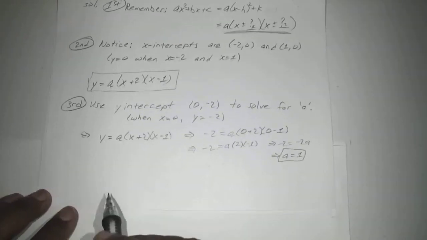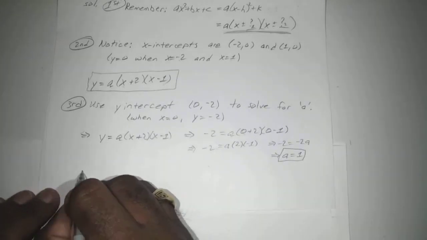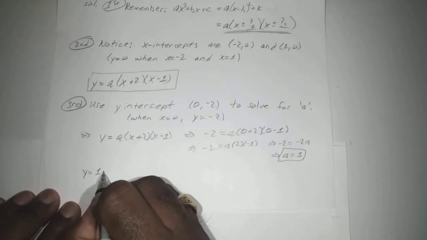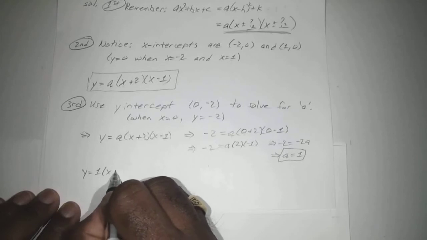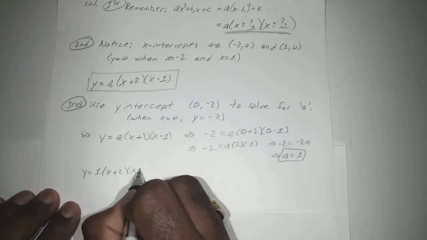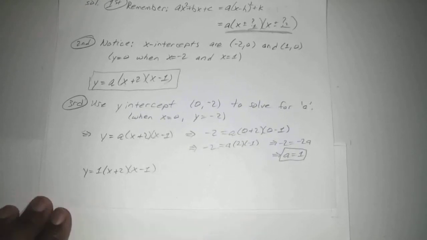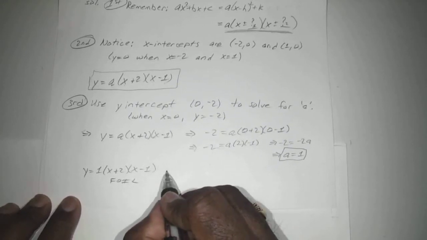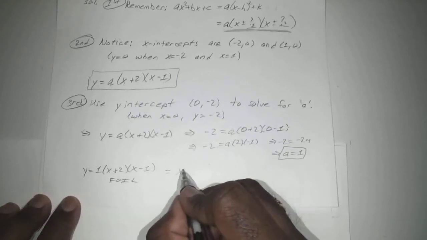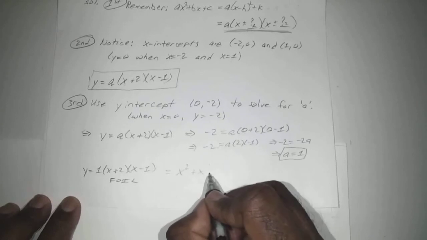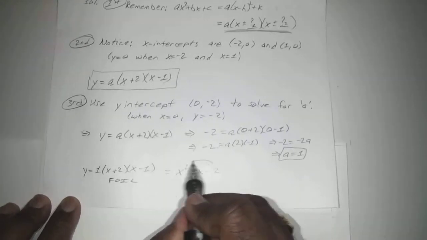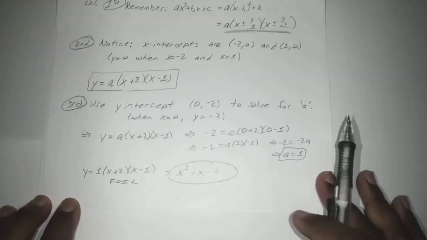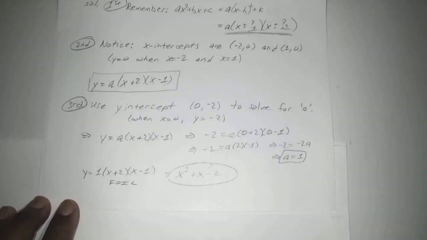So we know that y is equal to 1, which you don't really have to put the 1 there, (x + 2)(x - 1). Once you get there, you just go ahead and use the FOIL method. So you have x squared plus x minus 2. So that's the formula for that parabola.